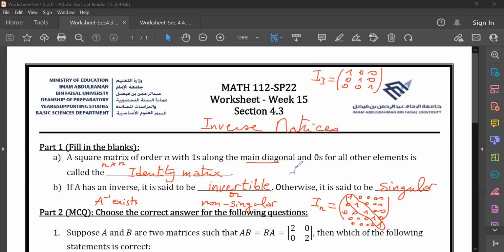So if the determinant of A is different from 0, what happens? Invertible, it's invertible or non-singular. Otherwise, if the determinant of A equals 0, the matrix is singular.